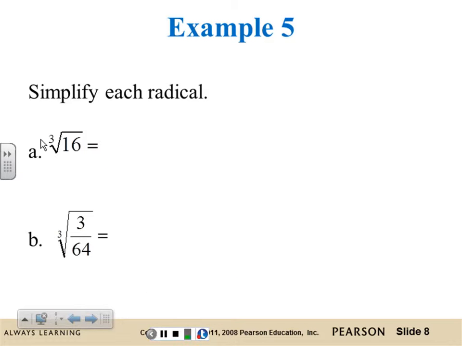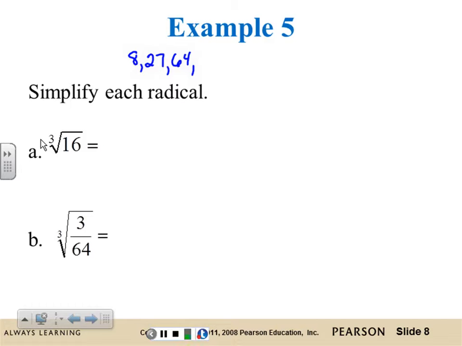Alright, so let's deal with some cube roots. When we talk about cube roots, we're going to go to a different list. Previously I wrote down the perfect square list, now I'm going to write down the perfect cube list. So let's start with 2's. 2 times 2 times 2 is going to be 8, so 8 is your first perfect cube. 3 times 3 times 3 is going to be 27. 4 times 4 times 4 is going to be 64.